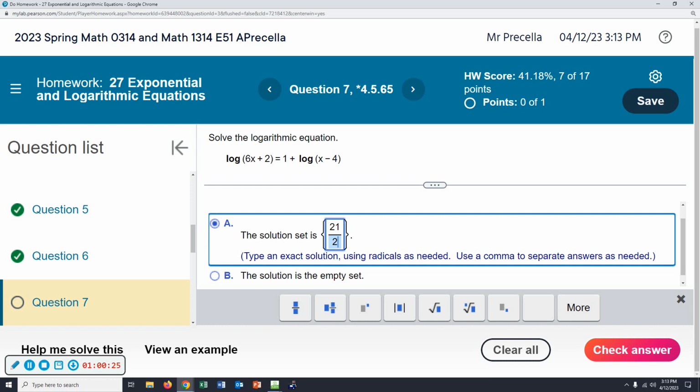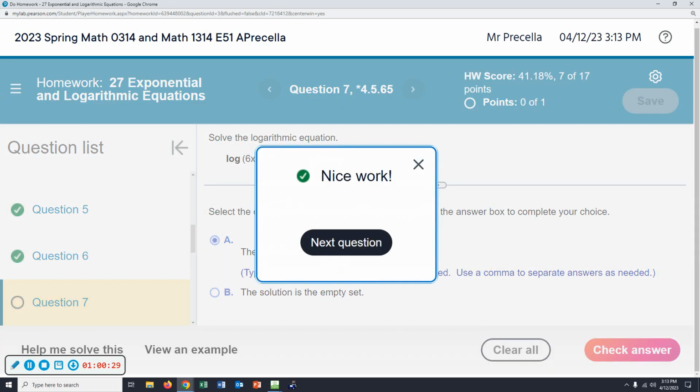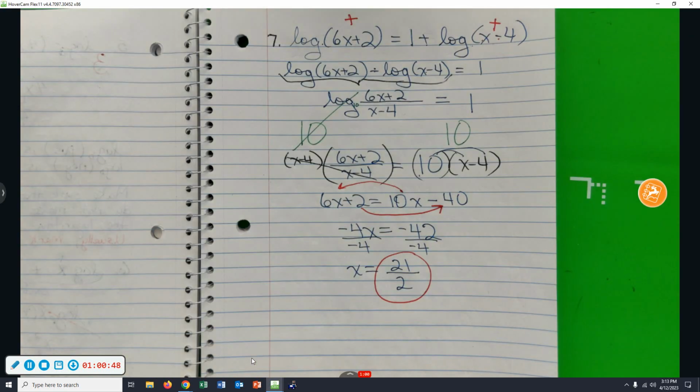21 over 2. I didn't catch that last part. When do you have to cross it out? If the number you have makes any argument, the thing after the logarithm, negative.